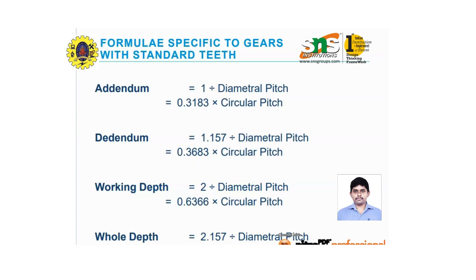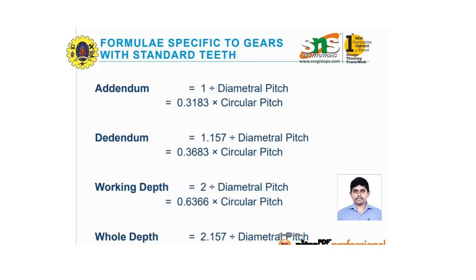The gears can be divided into 3 types. One is external gears; these two different values are used for working depth calculation. The second one is called internal gears. And the third one, if you want to find out the whole depth, is rack and pinion, finding the amount by which the opposite tooth penetrates into the other tooth.